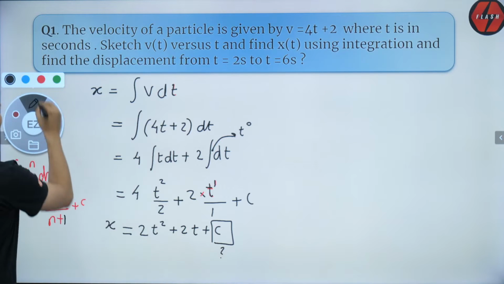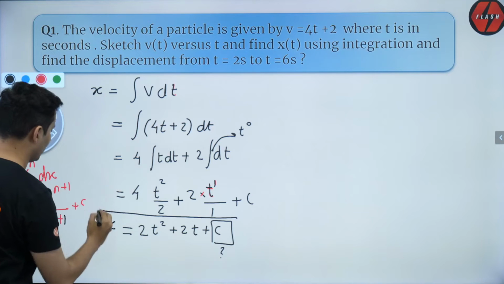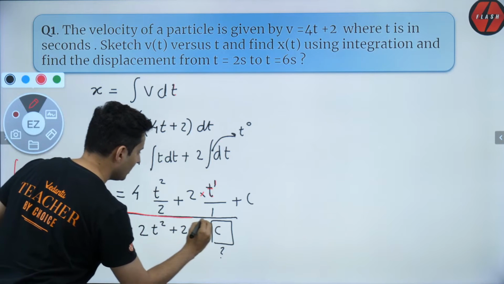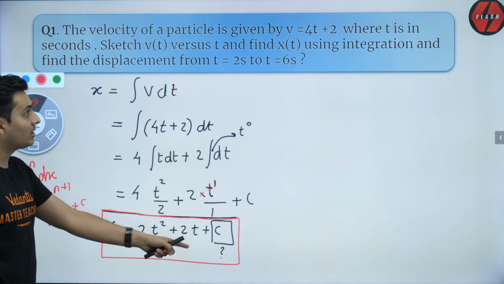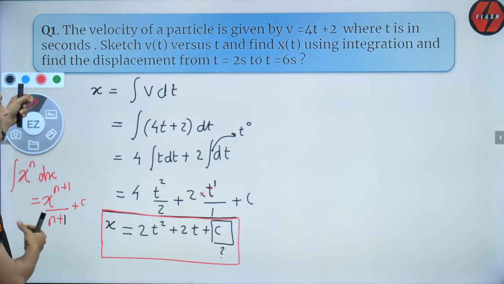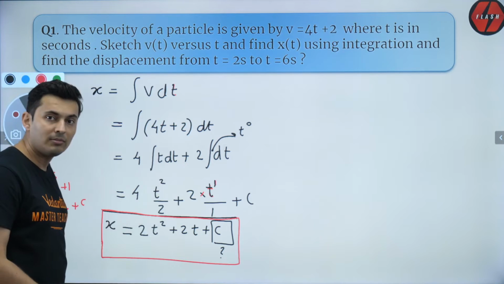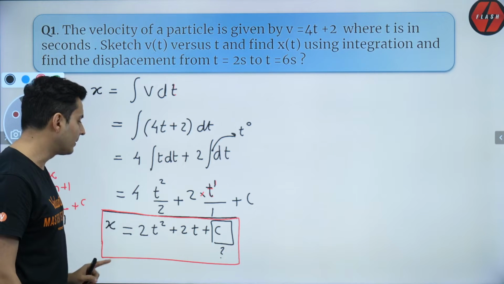So this is the final answer for the position. You cannot do anything more about it. If some additional information was given that, you know, at this much time the position is this much, then you could have done something, but right now I cannot do anything about it. I hope this is very clear.